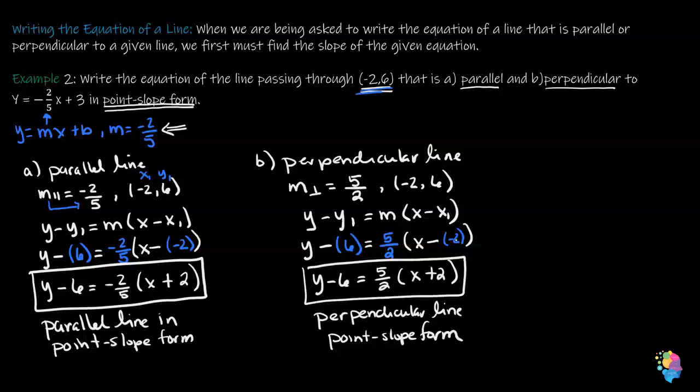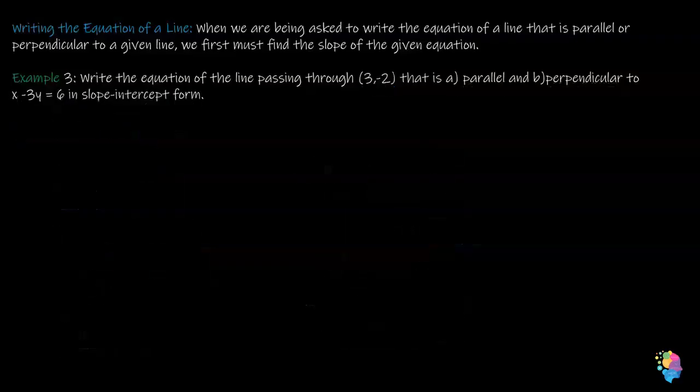Let's try another example. So in example 3, they're asking us to write the equation of the line passing through 3, negative 2, and then an equation that is parallel and perpendicular to the equation x minus 3y is equal to 6.